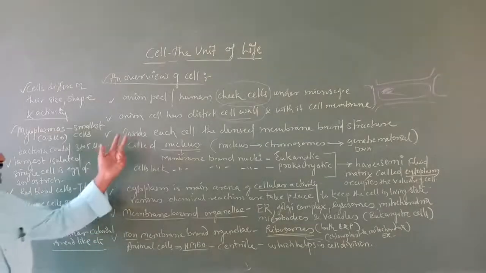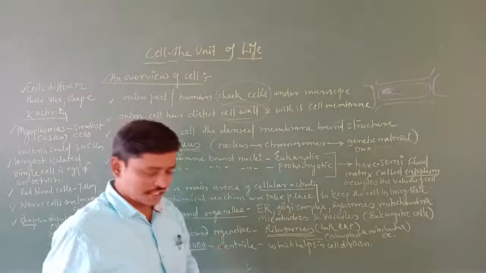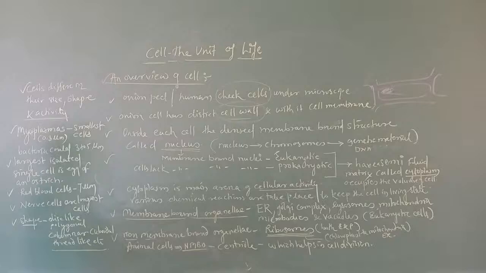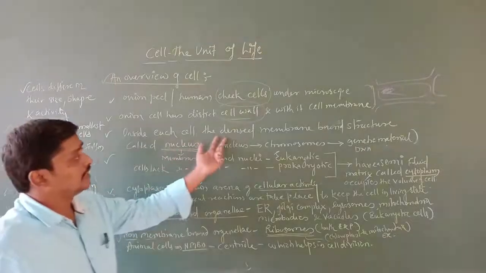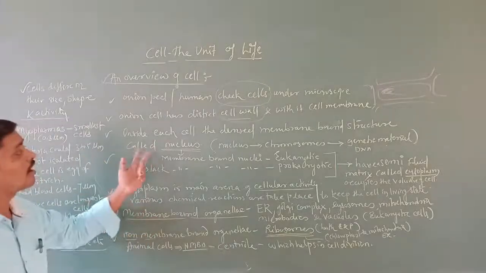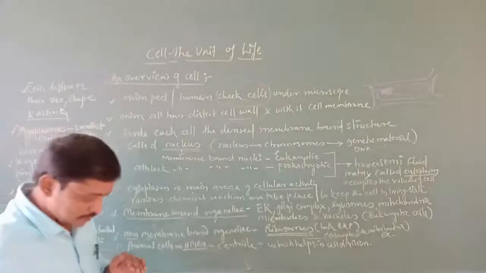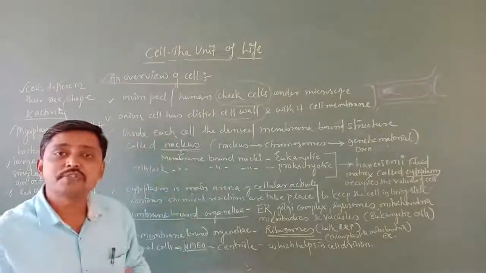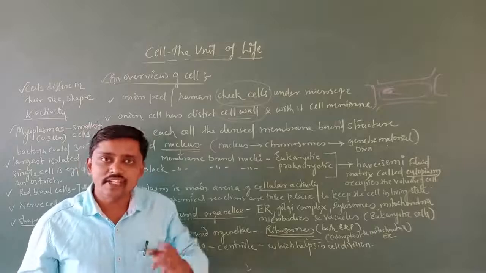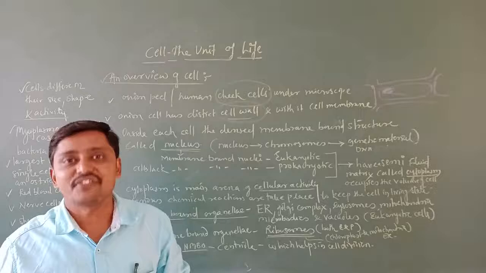Now, inside each cell, there is a dense membrane bound structure called a nucleus. Based upon the presence and absence of the cell wall, we discriminate two kinds of cell: one is the animal cell, another is the plant cell.